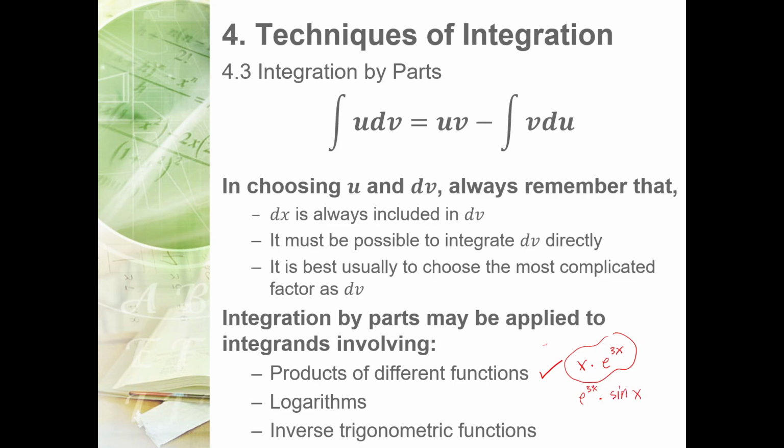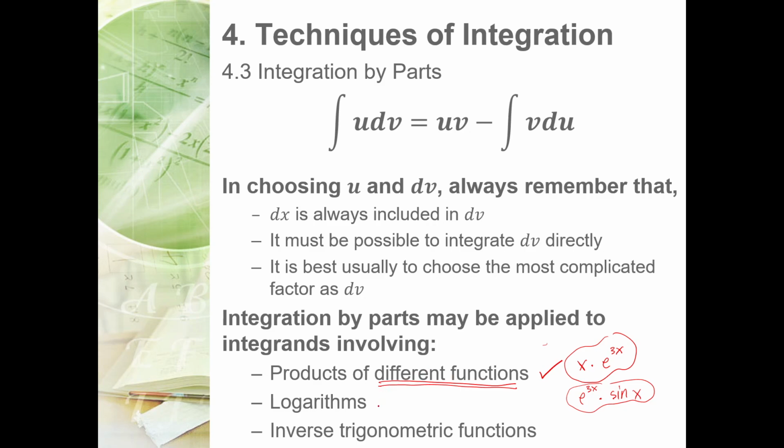Again, you may use integration by parts as long as it's a product of different functions. If it's purely algebraic or purely trigonometric, of course the other techniques would suffice. But for products of different functions, the best way to deal with it is to use integration by parts.